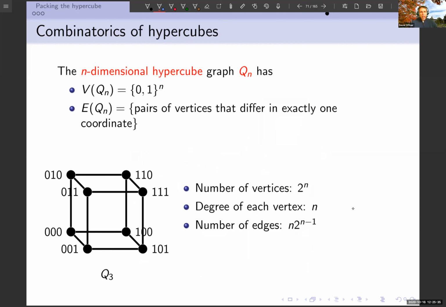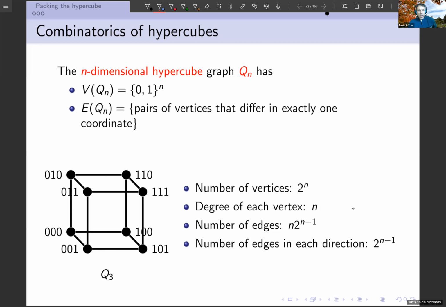Okay, so to show you why, I have to go back to undergraduate discrete math and count one more thing about the hypercube. We know how many vertices, the degree of each vertex, the number of edges, but there's something else we can say. If you look at the hypercube I've drawn here on the left, the Q3, I've drawn 4 edges in each direction. 4 are horizontal, 4 are vertical, and 4 are coming out at us from the board.